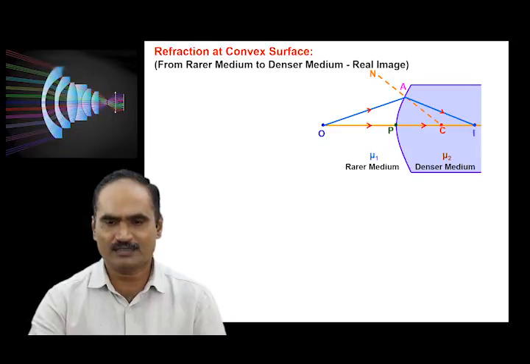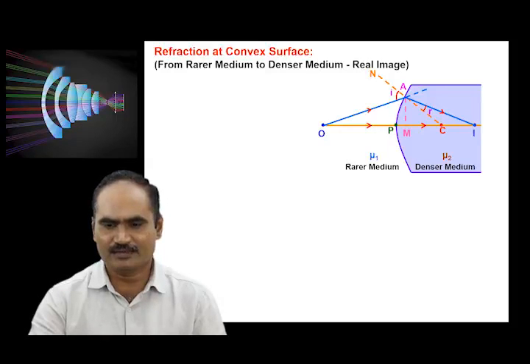Let us take NC as a normal. Usually it is 90 degrees, no? A light ray passing through the center of curvature is perpendicular to the surface, like this. Now the angle between this normal and the incident ray is i, the angle of incidence, right? Then let us draw AM.